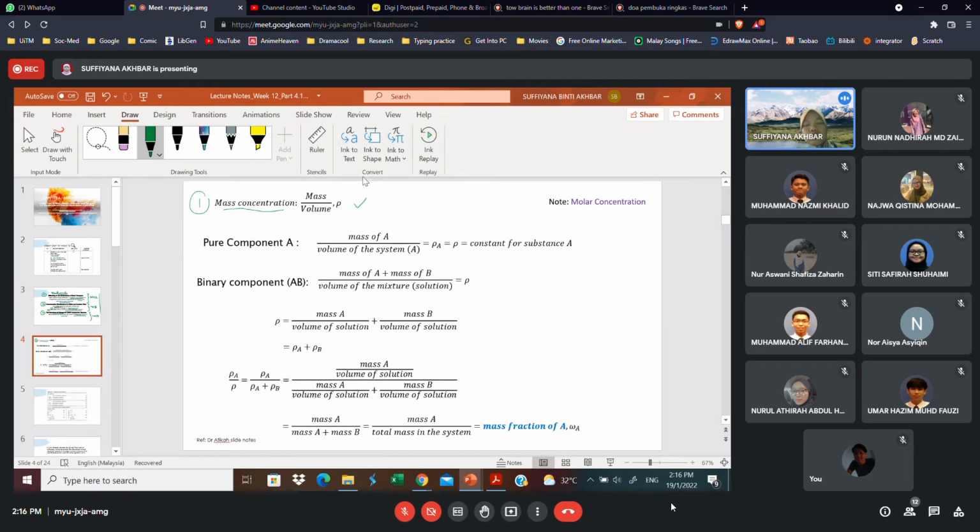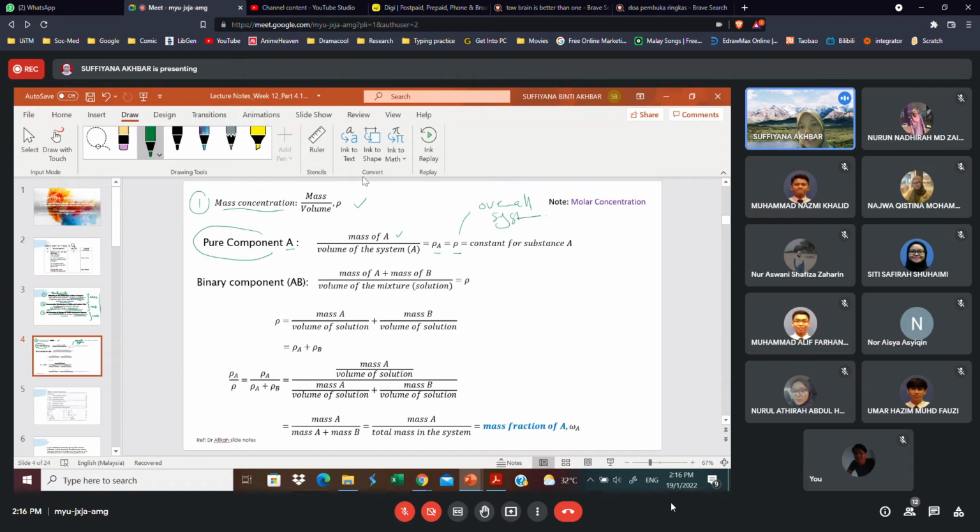For a pure component, for example component A, the mass concentration of component A is the mass of A divided by the volume of the system. Therefore, we get density A, which we read as the mass concentration of A. This is equal to rho, where rho here means the overall system. Because our system is a pure component, therefore rho A is equal to rho of the overall system.